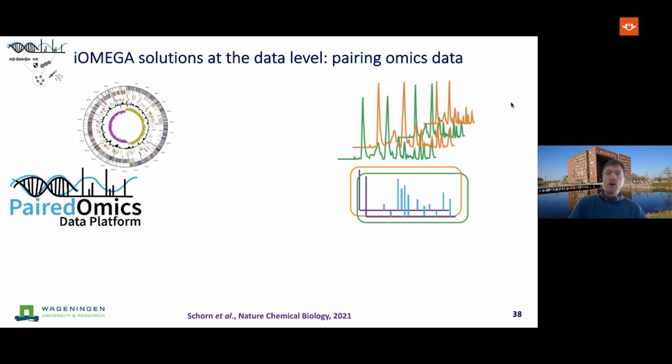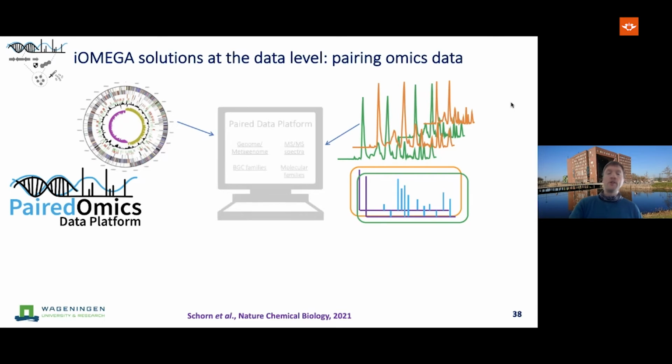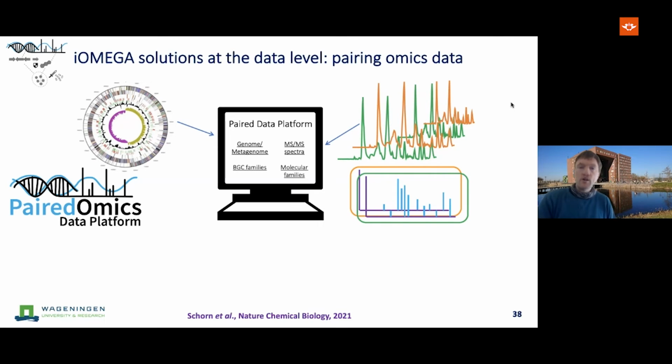And in the iOmica project funded by the eScience Center, we've been working on various solutions at the data level, the structure level, and the substructure level. At the data level, there's now the Paired Omics Data Platform. What it does is it brings together sequenced genomes, for example from NCBI or JGI, with metabolomics data, for example from GNPS MassIVE or MetaboLights. And it records the links between the same samples.